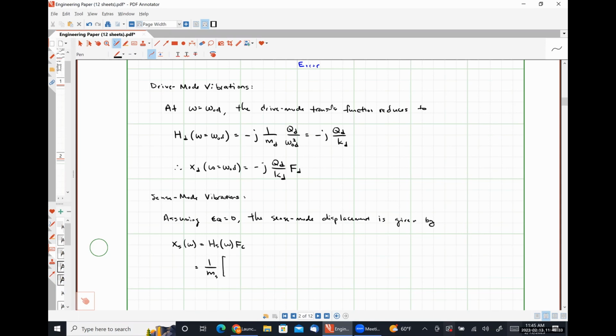So 1 over ms times omega naught s squared minus omega squared, divided by omega naught s squared minus omega squared, squared, plus omega times omega naught s over qs, quantity squared, minus j omega times omega naught s over qs, over that same denominator.